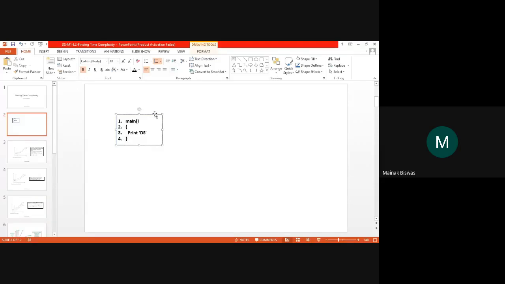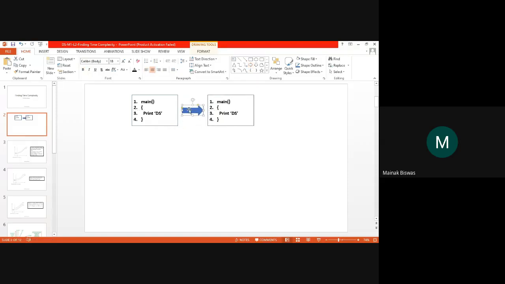This is the closing bracket. Whatever happens, this program will print only this. So let us say this has 4 lines of code: one, two, three, four. I have annotated each and every line.